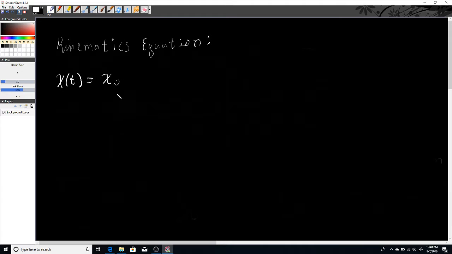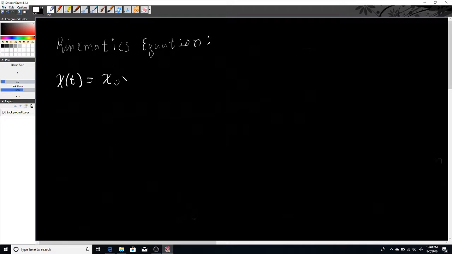Oftentimes this will be considered to be 0 because we want to think that we start looking at something at the 0 point, but sometimes we might look at it with reference to some other point that we consider to be 0.